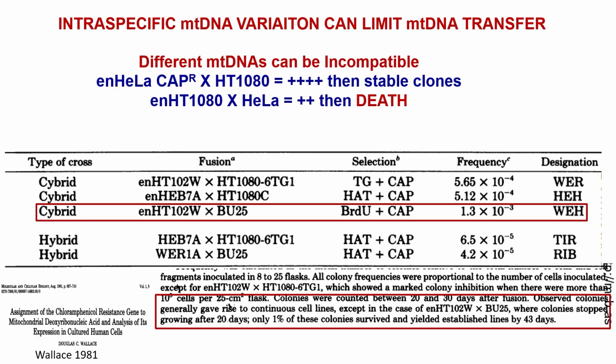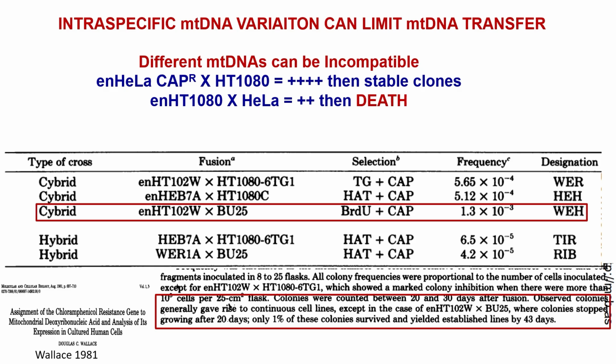Okay. So then we said, well, what if we take different strains of human mitochondrial DNA? So we used a cell line called HD1080 and another cell line called HeLa, and they're of different origins. So if you take HeLa chloramphenicol resistant cells and fuse it to an HD1080 cell, you get lots of colonies and they're very stable.